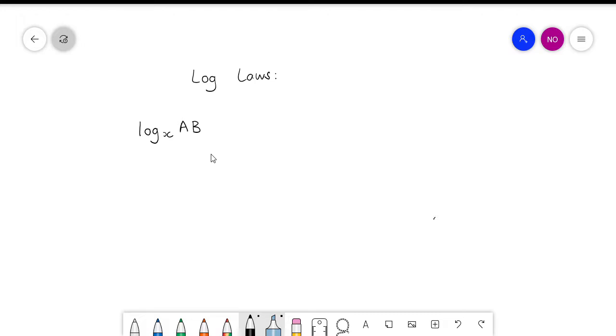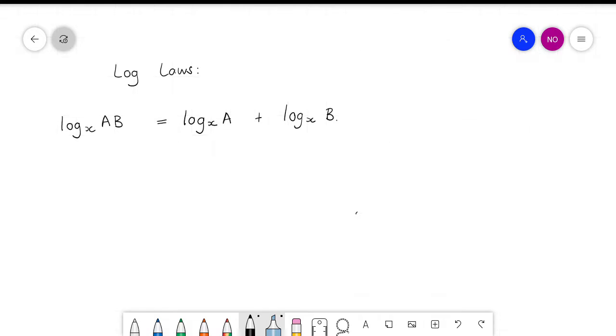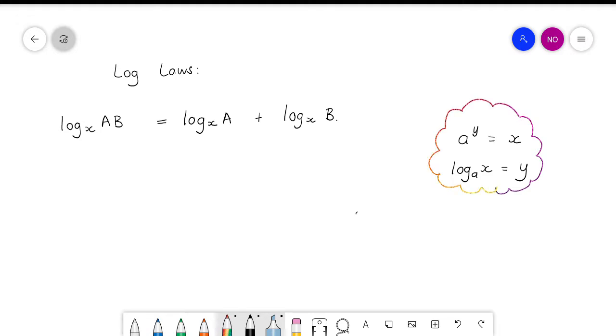You can extend that to log x a plus log x b. Okay, so remember that's what we're working with, né?